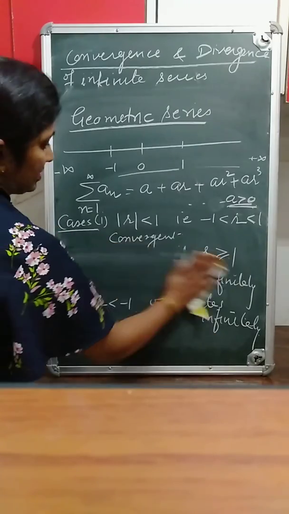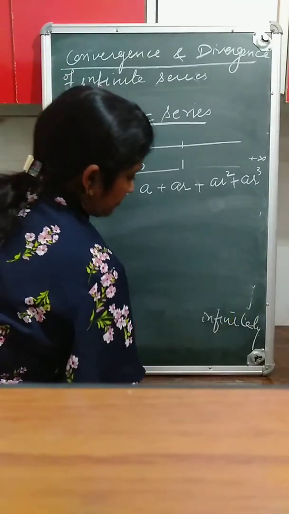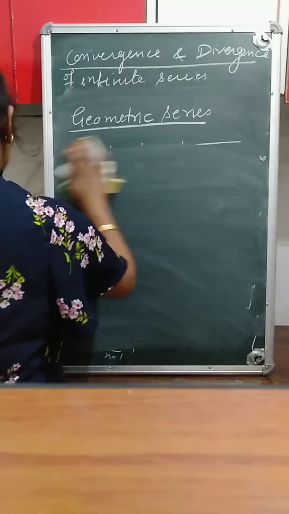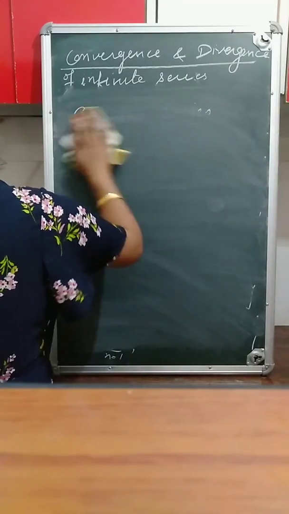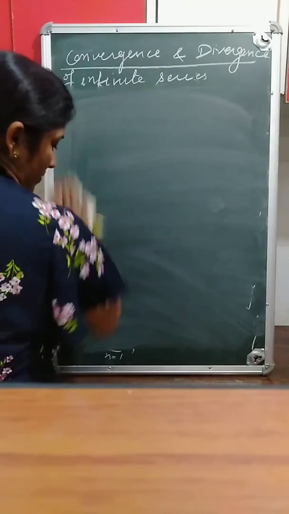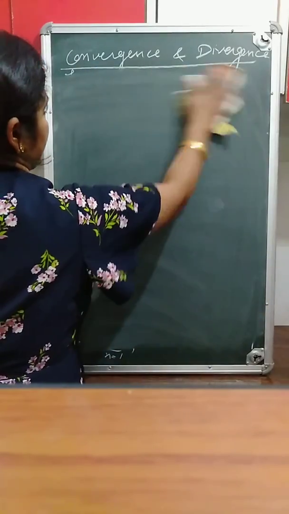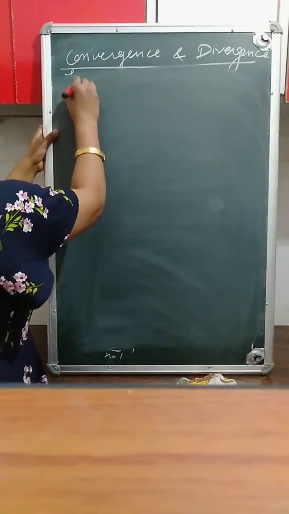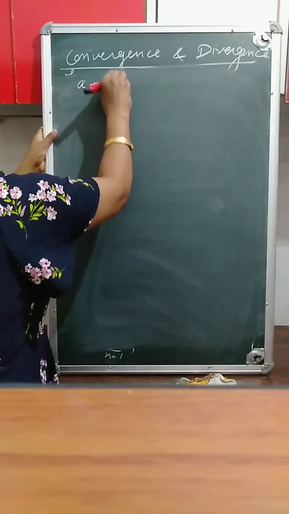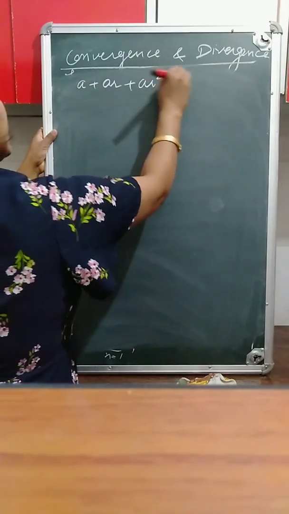So first we'll consider the case when modulus of r is less than 1. Case 1, a, ar, ar square and so on.